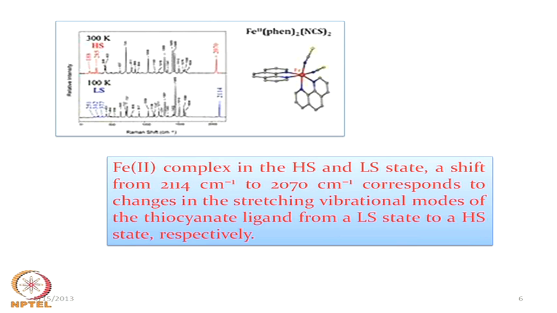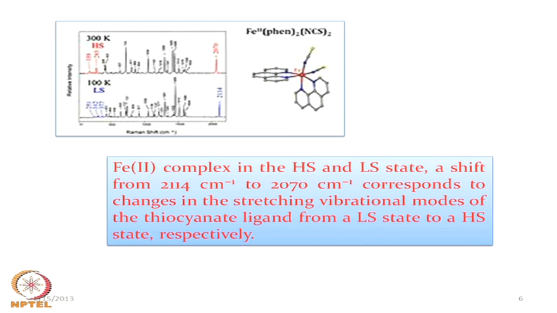So, that gives us a clear indication that as we move between the high spin and low spin situations, the corresponding iron thiocyanate stretching frequencies, or rather the combined CN and CS stretching frequencies, are changing. This is very characteristic for the CN stretching frequency within the thiocyanate group, and it changes from 2114 centimeter inverse to 2070 centimeter inverse, the lower value, for the movement from a low spin to a high spin state.